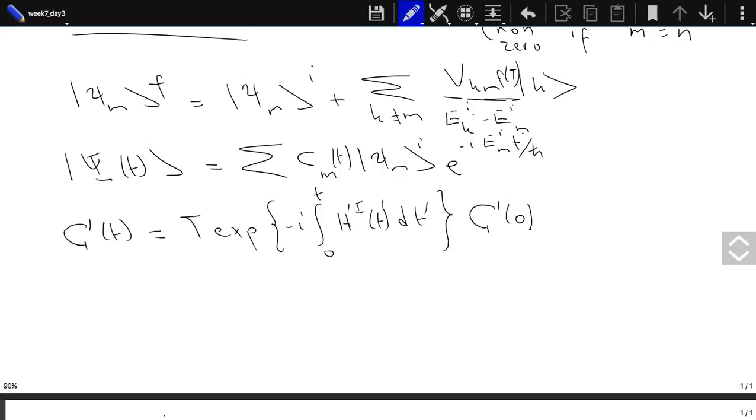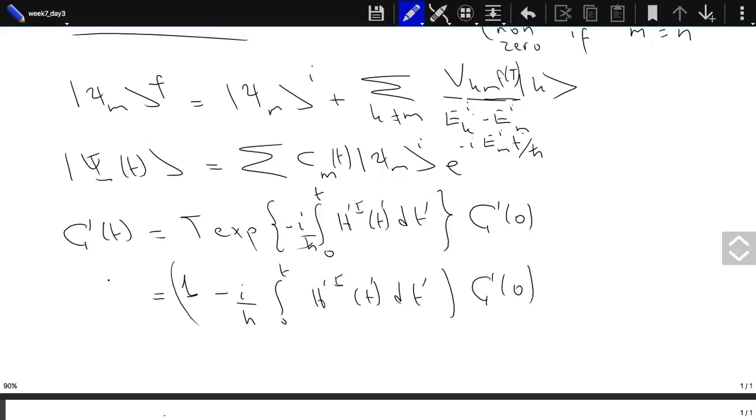That's what we had obtained in time-dependent perturbation theory. And up to first order in interaction, this was nothing but 1 minus i over h bar, integral from 0 to t of H prime I of t prime dt prime acting on c of 0.